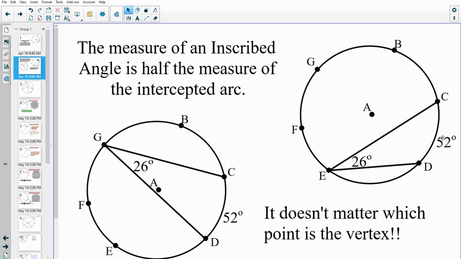So the diagram you see here, I've got 52 degrees for arc CD. And so angle DEC or angle CGD both have a measure of 26 because both of those are inscribed angles. And the same would be true for any angle that has this 52 degrees as the intercepted arc.